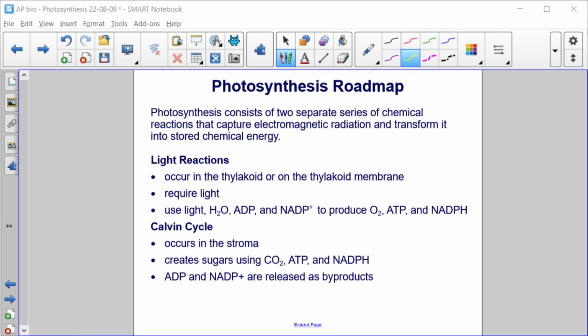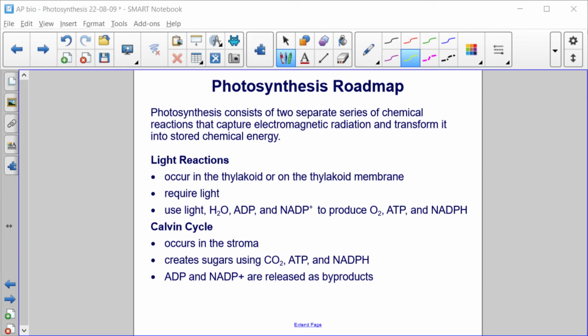All right, let's take a look at our photosynthesis roadmap here and just summarize everything we've talked about in this section, because it has been a lot. Photosynthesis consists of two separate series of chemical reactions that capture electromagnetic radiation and transform it into stored chemical energy. Light reactions occur in the thylakoid or on the thylakoid membrane.